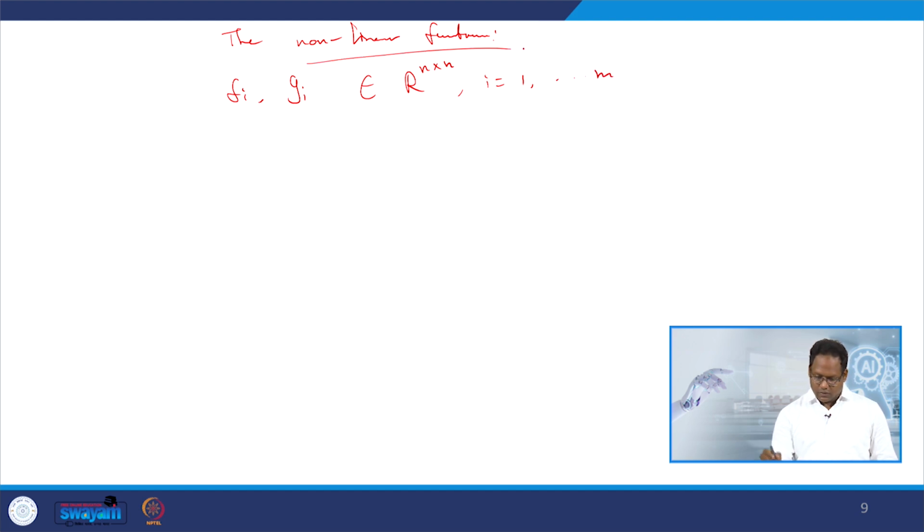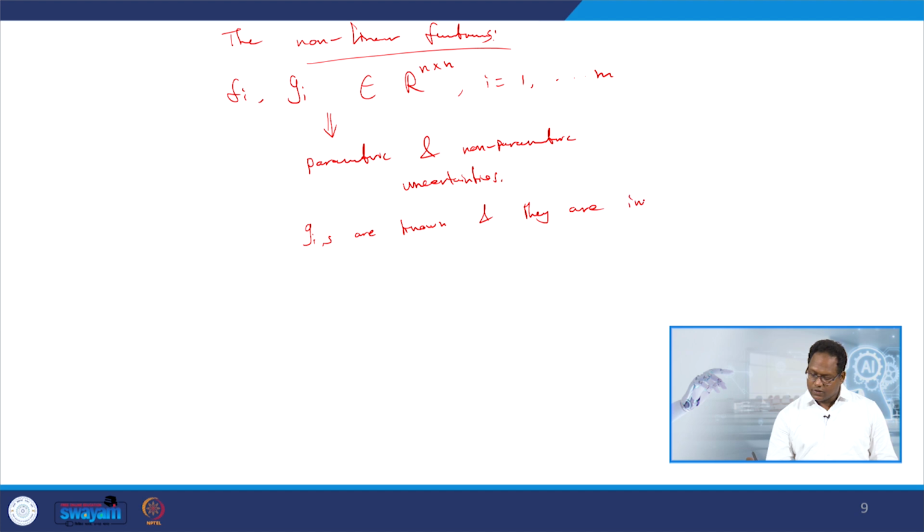These are nonlinear functions that contain both parametric and non-parametric uncertainties. And gi are known and they are invertible.